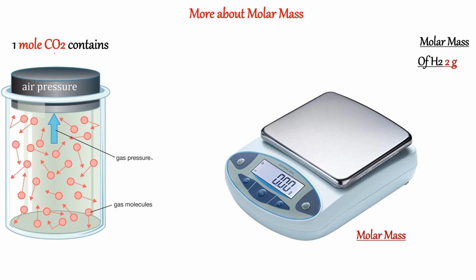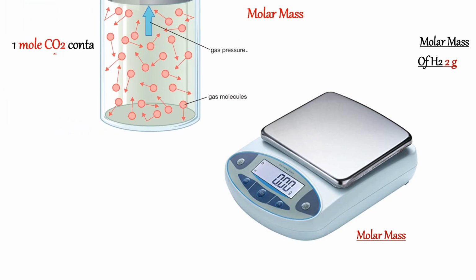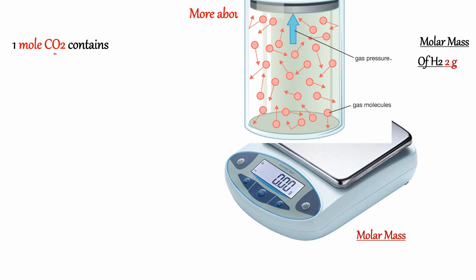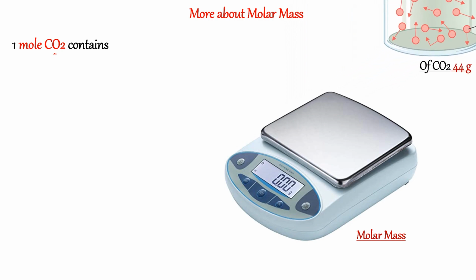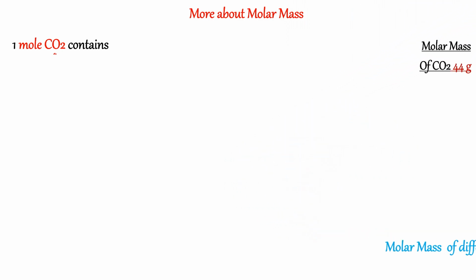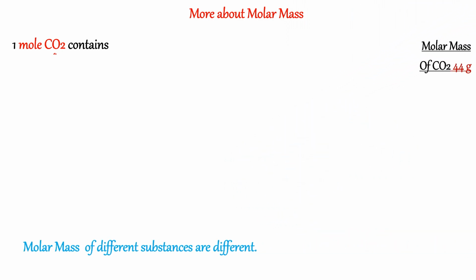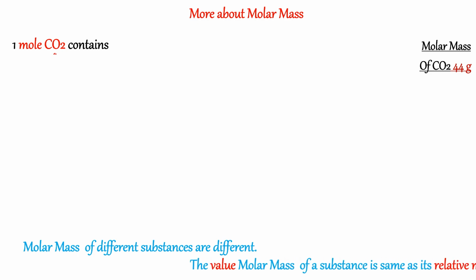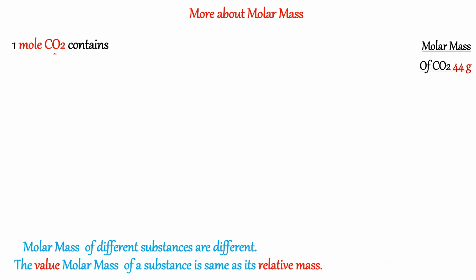If this is placed in a container, this is molar volume. And if you measure its mass, you are measuring mass of 1 mole carbon dioxide, Avogadro number of molecules. So this is molar mass of carbon dioxide. This is 44 gram. Molar mass of different substances are different.